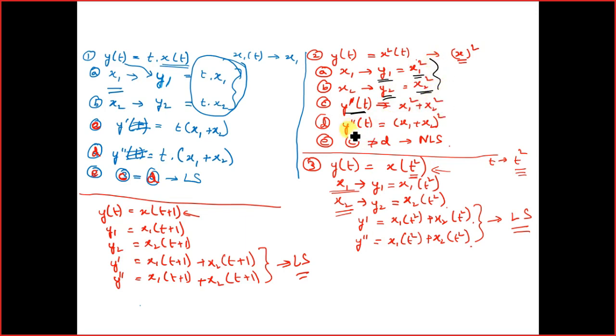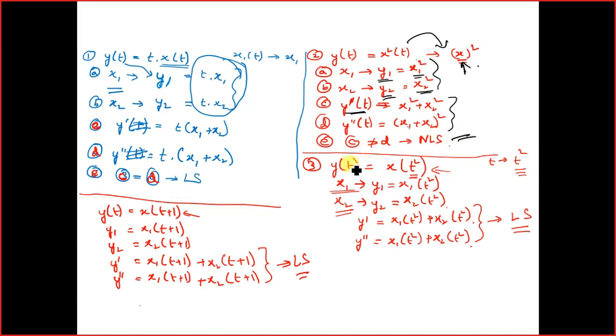However, in y double dash(t), if you consider this as x(t) square, our input is x1 plus x2, to the power whole square. So if you see, these two are not equal, so this system is a non-linear system.